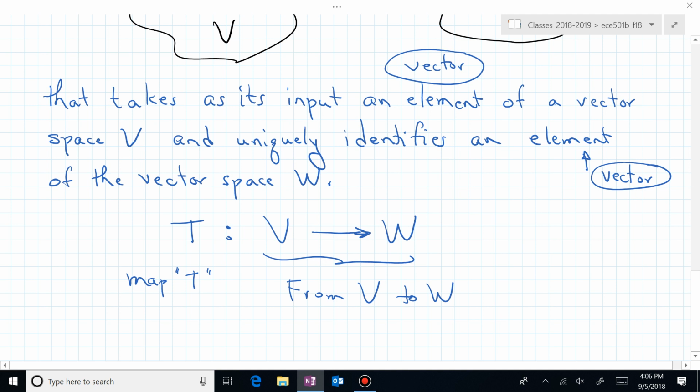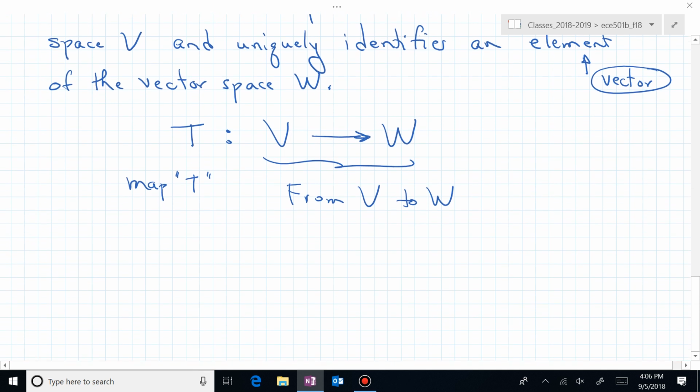But if you want something to hang your hat on occasionally, you may just say, a linear map can be thought of as a matrix. But it can be other more abstract concepts.